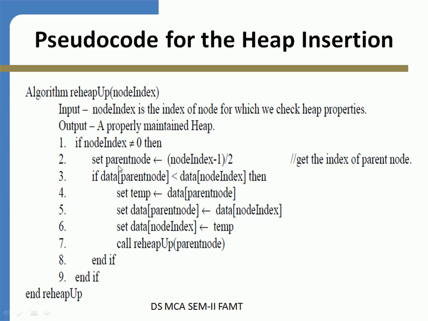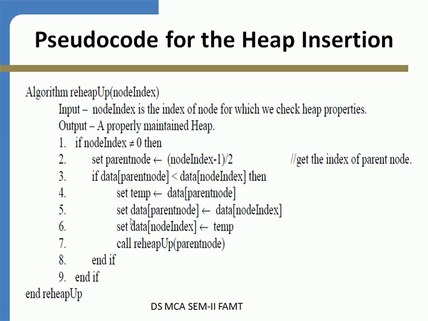Then compare the value of the parent node with the currently inserted node using statement number 3, that is, if data of parent node is less than data of node index. If data of parent node is less, then we have to swap the value with the currently inserted node, and that is carried out with the help of statements 4, 5 and 6.